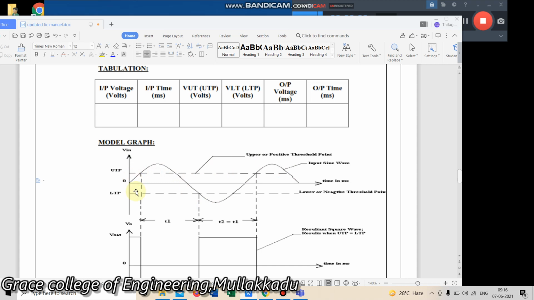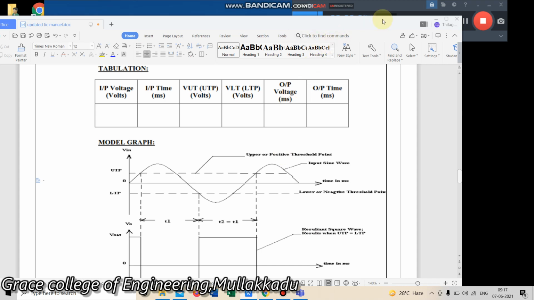When it reaches this voltage, the square wave goes to the off time, and from the lower threshold to the upper threshold it will be on time. Then once again from the upper threshold to the lower threshold it will be in the off time. In this manner we obtain the square wave output of the Schmitt trigger.